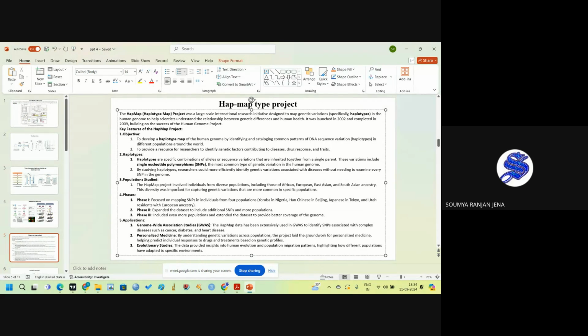The HapMap project involved individuals from diverse populations, including African, because we have to study diverse populations. Our gene pool and the African gene pool may not be the same. There may be some environmental conditions or lifestyle factors that may cause SNPs, and due to these SNPs, variation takes place.